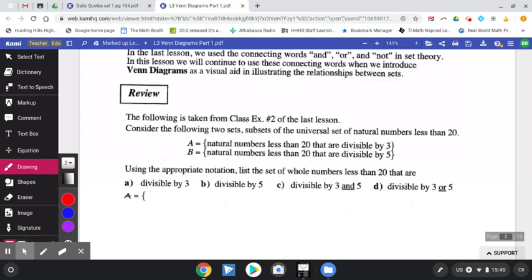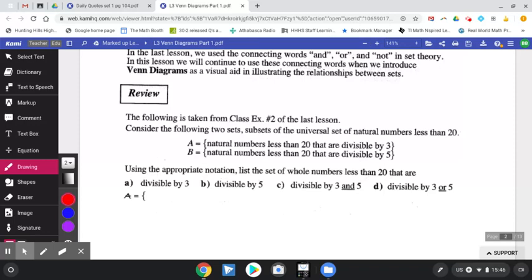We could also describe it using words. And we could describe it using set builder notation, which is the least common. And now we're getting into how we can display or describe sets of numbers and how they're related using a Venn diagram. So kind of putting it all together.